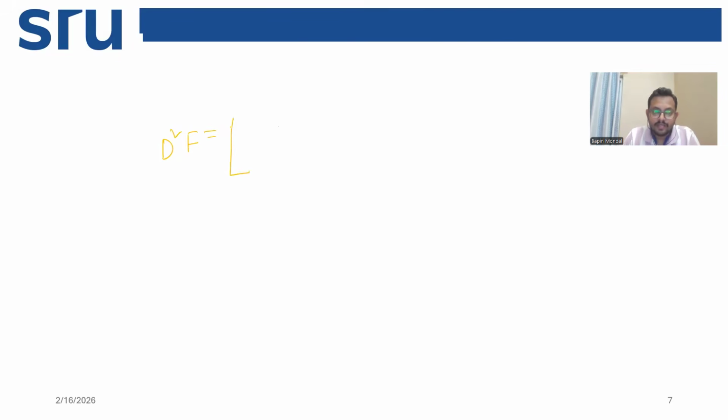G square F is del square f del x whole square into v1 square, plus 2 into del square f del x del y v1 v2, plus del square f del y whole square, v2 square.